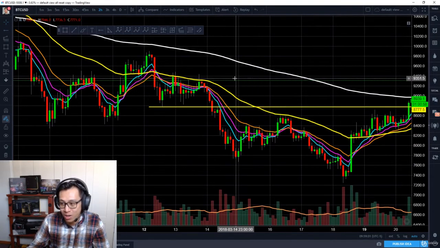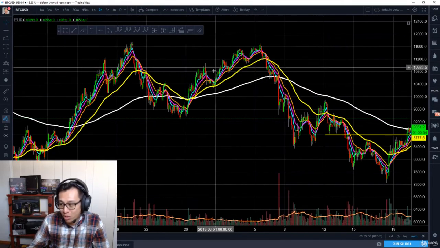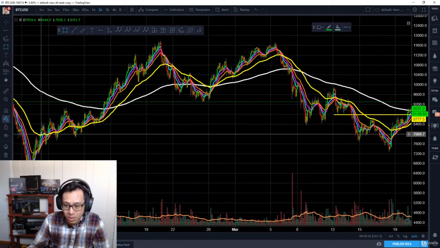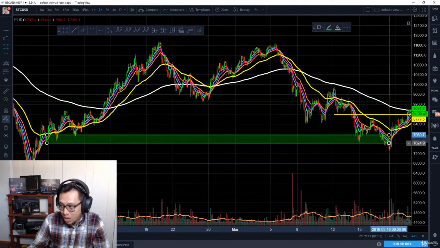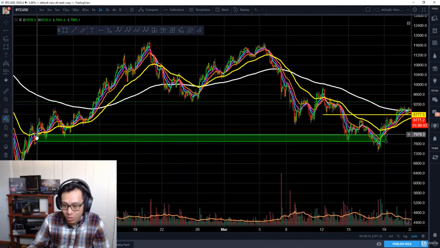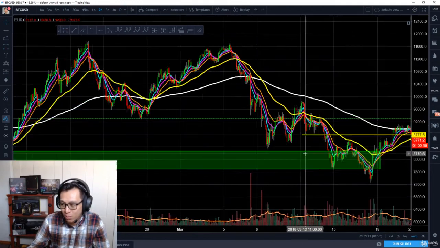So for example, right here, if it actually broke there, you'd go all the way back to around here and you'd be like, okay, well, this is a pretty decent area of support, just down over here. Because we're taking the previous price activity or even higher because we're unsure. So that's a pretty decent support level.